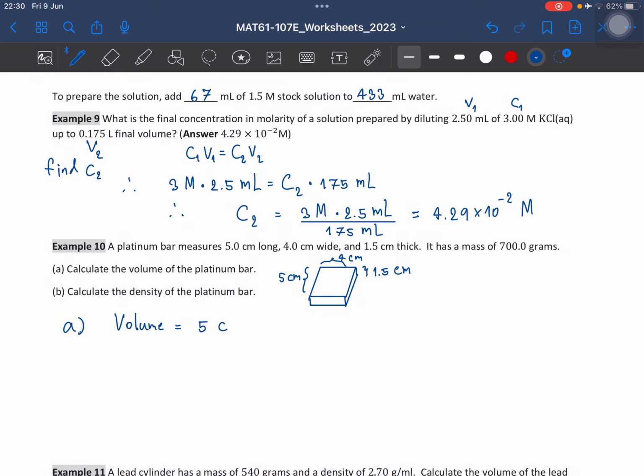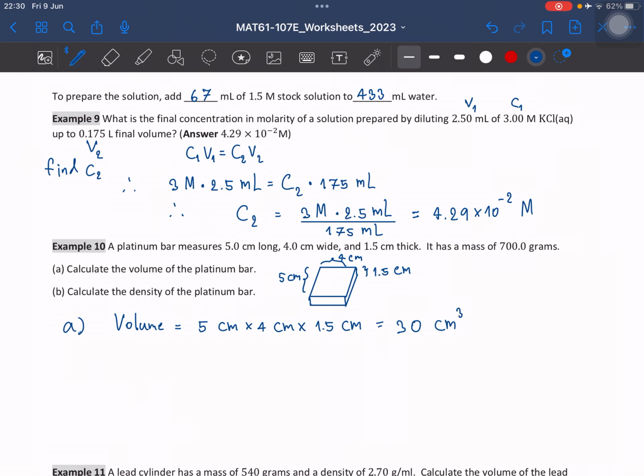A: the formula of volume is 5 centimeters times 4 centimeters times 1.5 centimeters, and you have to use a calculator again, or you can use your hand. At the end you will get 30 cubic centimeters.